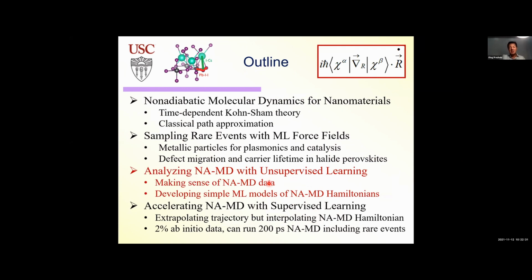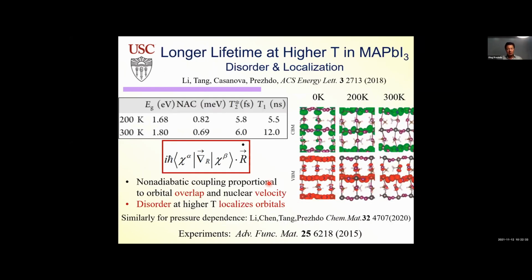So here's a couple of examples of this kind of analysis. Again, the same metal halide perovskite. What was shown experimentally in this and other papers is that the lifetime of the excited state increases as you increase temperature. And this was very strange, because usually when you freeze something, electron-vibrational interaction is very small. Non-adiabatic coupling is zero at zero temperature, or when the velocity is small at low temperature, it's small.